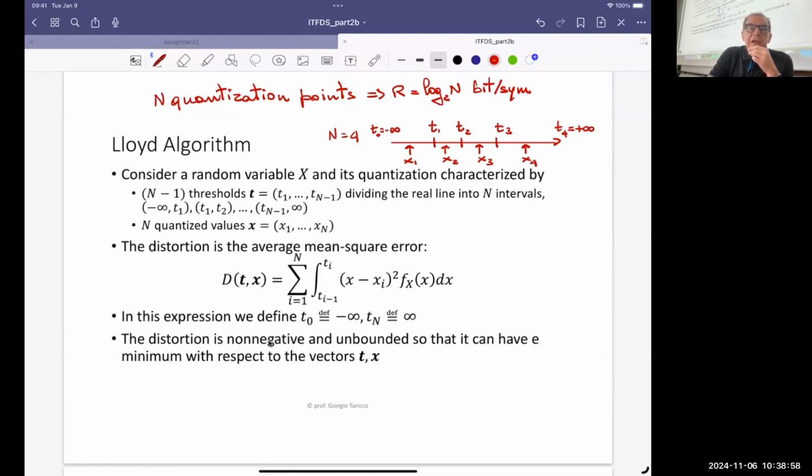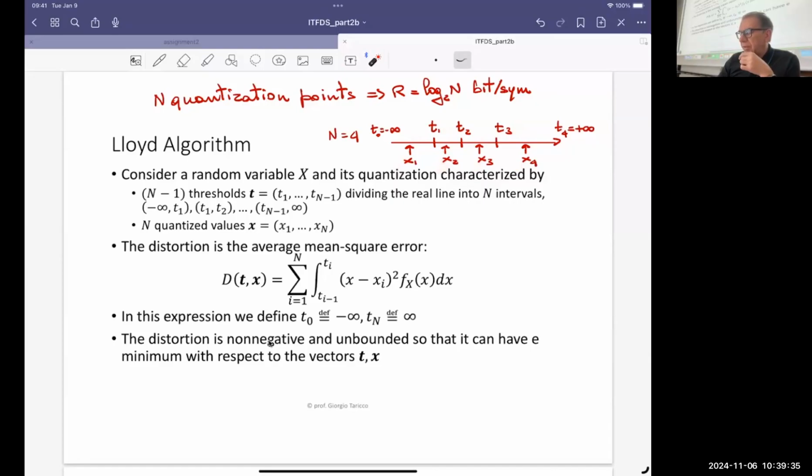Once we have provided these definitions, we can calculate the distortion function. Distortion function that depends on the thresholds and on the quantization points. That's because when the random variable belongs to one of these intervals, we represent the random variable by the corresponding quantization point.